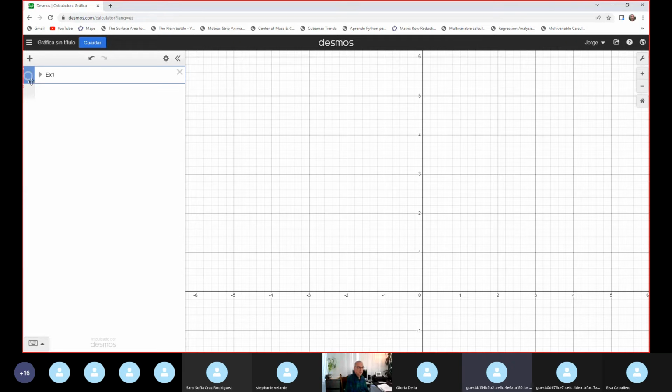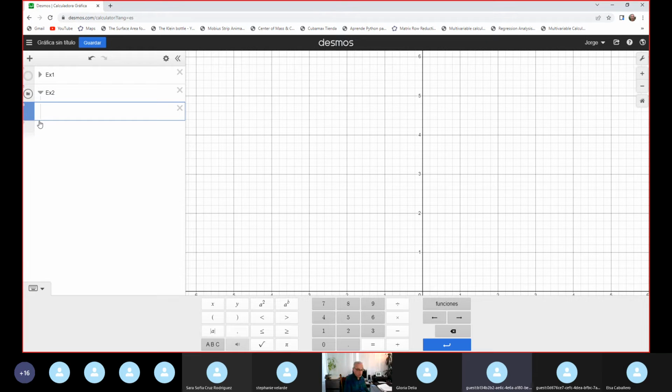Now, likewise, we are doing example 2. You click on the plus, you create a new folder. I want to call it example 2. You press enter, and one by one you put in the equations.